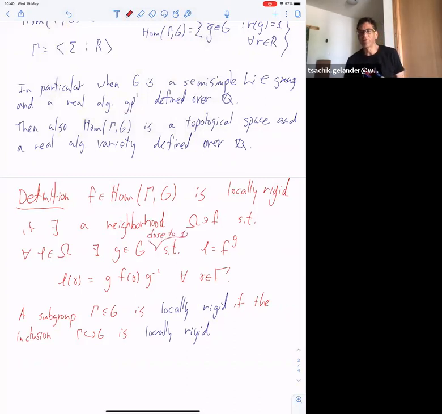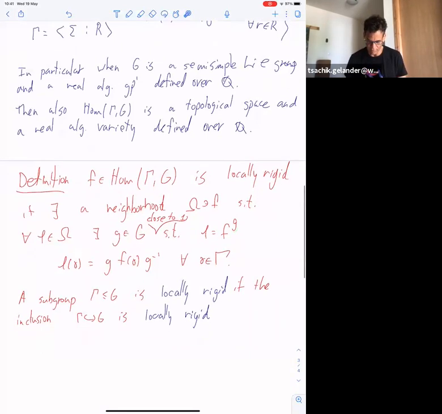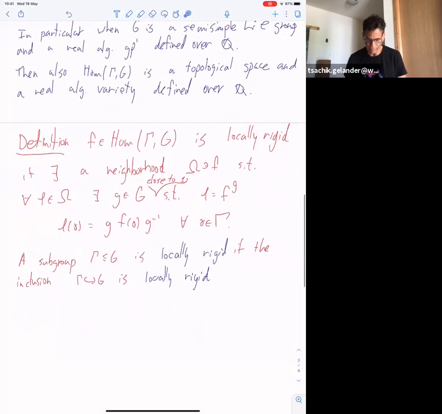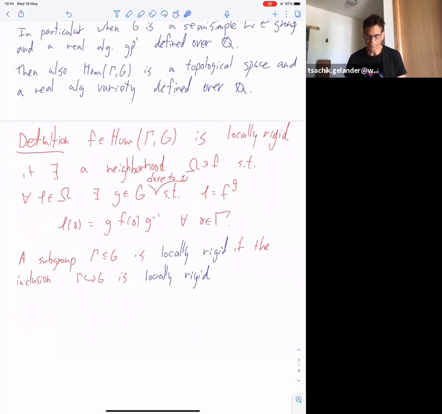So the smaller this neighborhood, the closer I want this conjugating element to be, since φ is a small deformation of F. I think you don't need to require it. You can prove that if such a g exists, then you can take such g near the identity. But I don't care to require it. Okay, this is local rigidity.